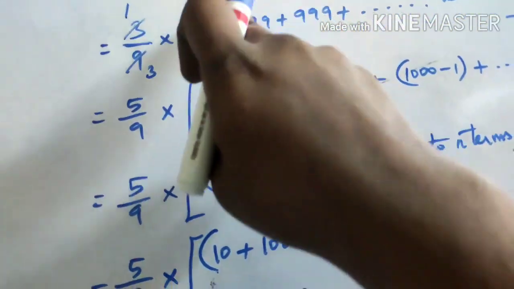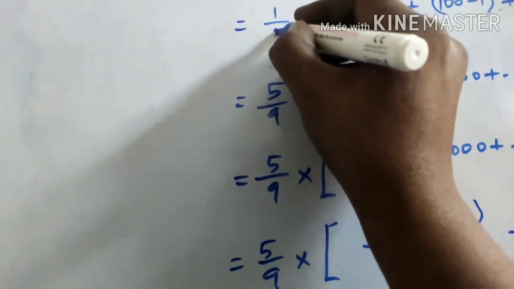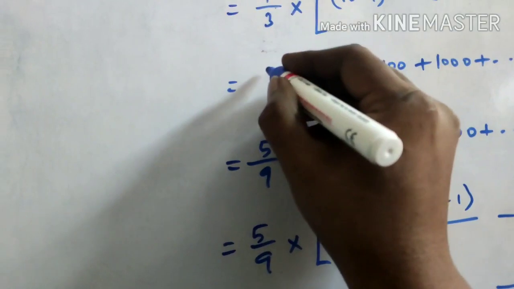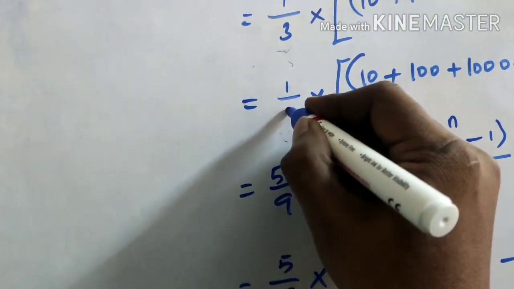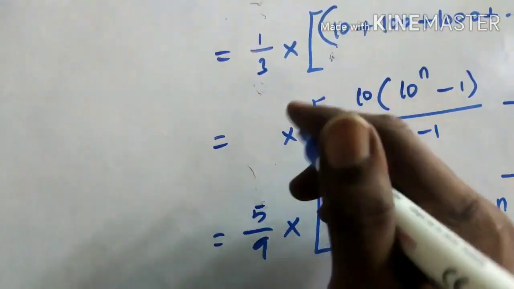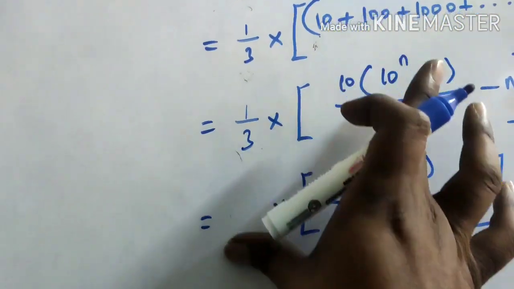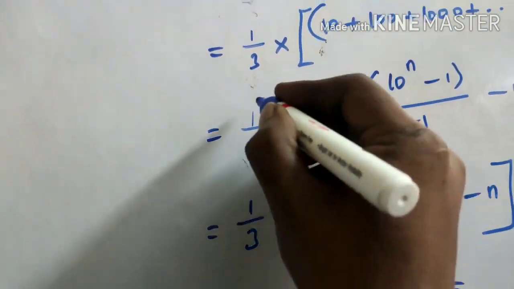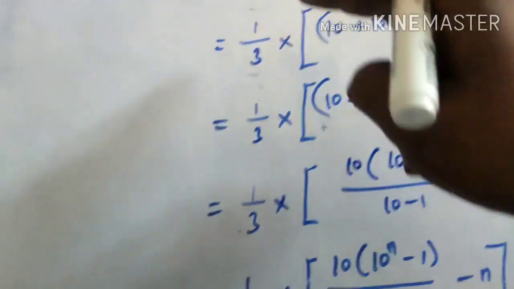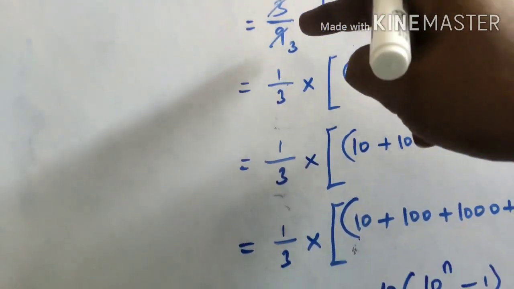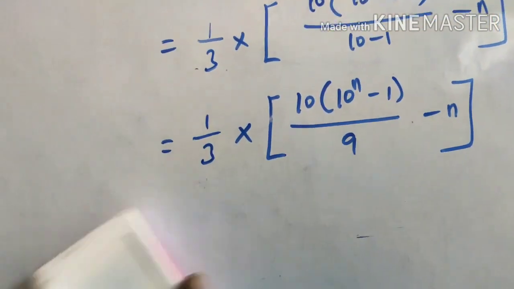And this part alone changes: 1 by 3, 1 by 3, 1 by 3, here also 1 by 3. So no change in the fraction here. This will become 1 by 3, and I told how. The final answer changes, that's all.